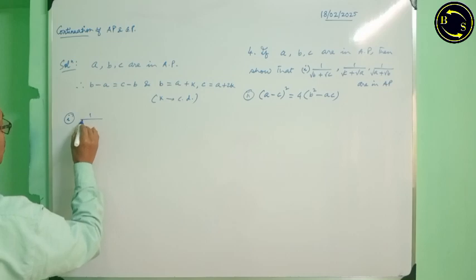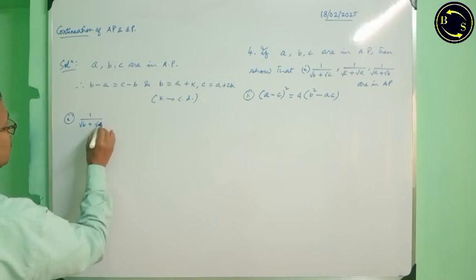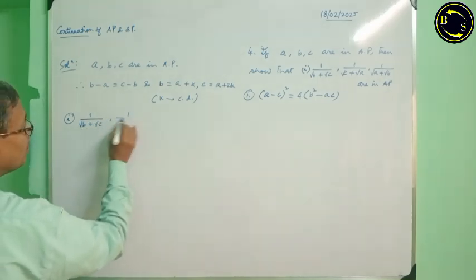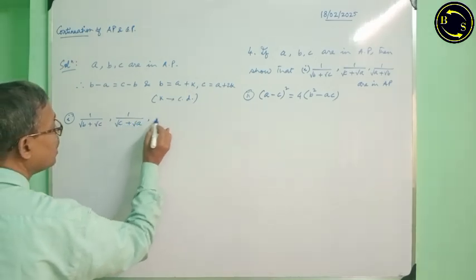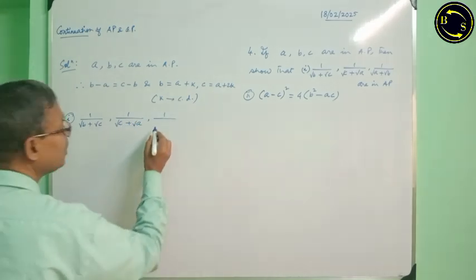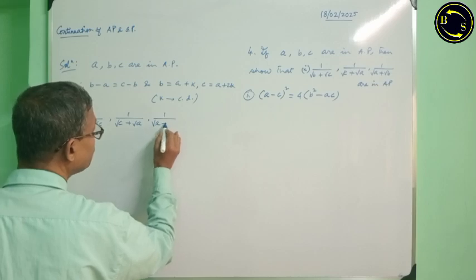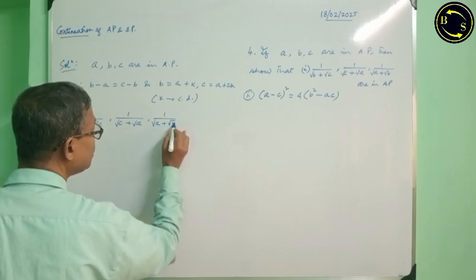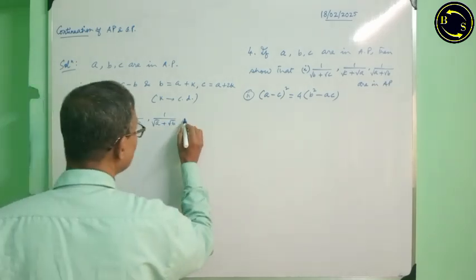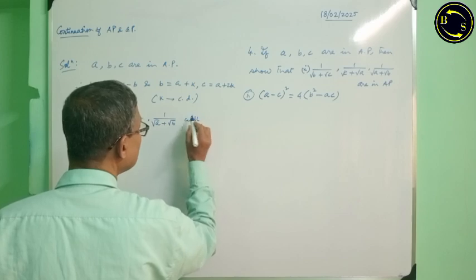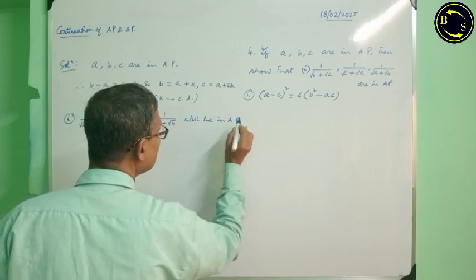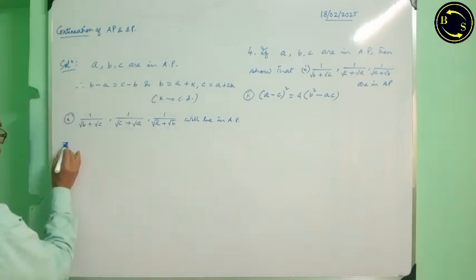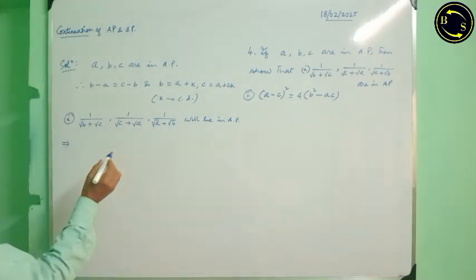1 by root B plus root C, 1 by root C plus root A, 1 by root A plus root B will be in AP. First of all, we rationalize each.